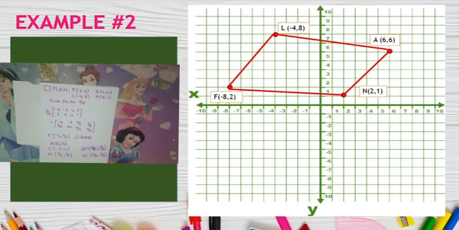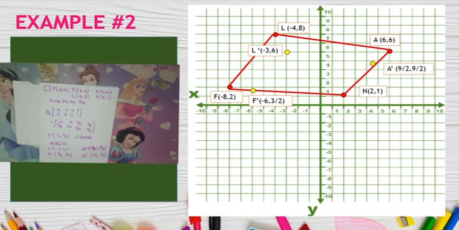Here. Now that we have the scaled coordinates of these points, let's now graph them in our Cartesian plane. So first we have F prime, which is -6 and 3/2. Let's have it here. And then we have L prime, which has the coordinates of -3 and 6. And then we have A prime, which has the coordinates of 9/2 and 9/2.